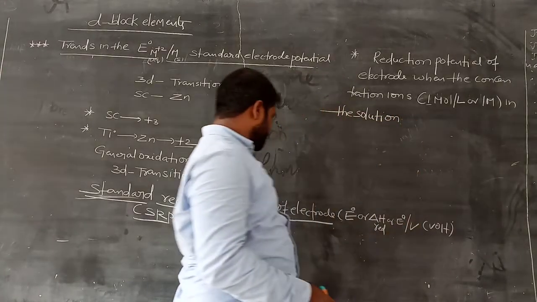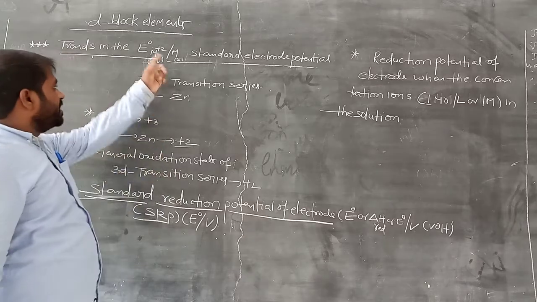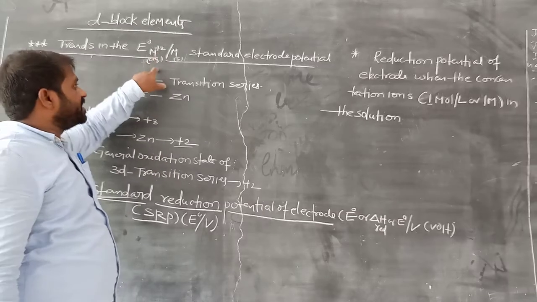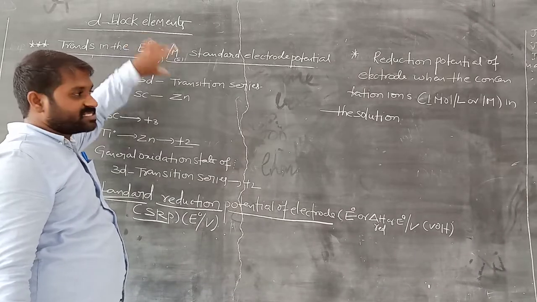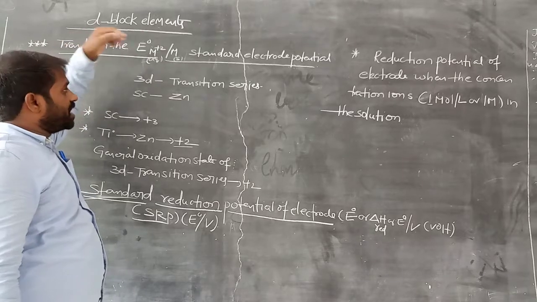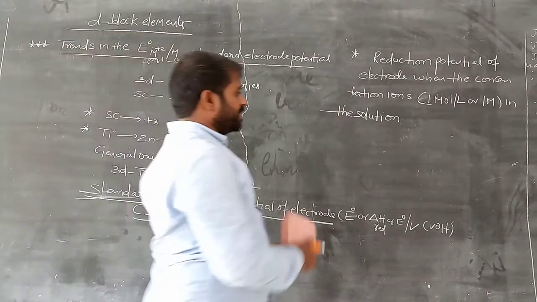Now it is the ion. M plus 2 is aqueous, meaning ion. The concentration must be taken as 1 molar in the solution. It is a solid metal, remember this.